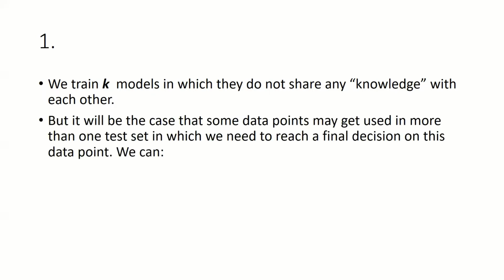What that will mean, though, is that one particular data point may get used in 2 different training sets, and it may get used in 2 different test sets. So you have to consider that you're getting multiple decisions on the same data point. So how do we resolve this? Like in random forest, we can take a majority vote. Think of the worst case scenario here.